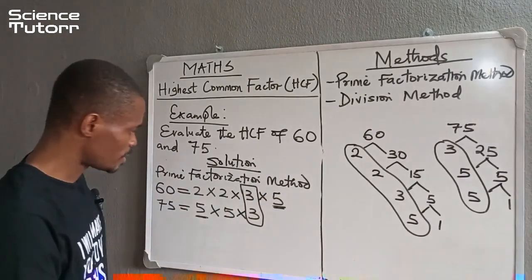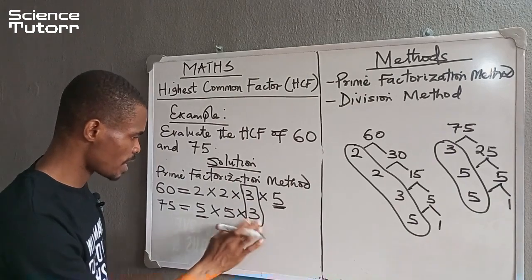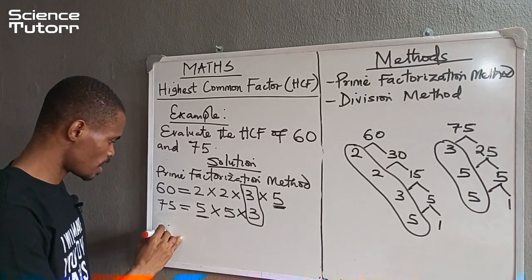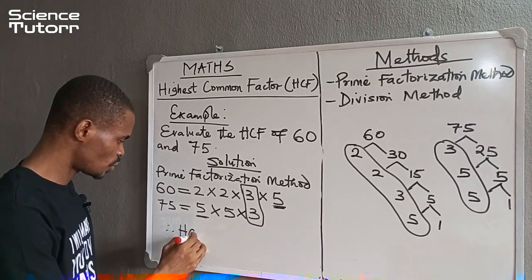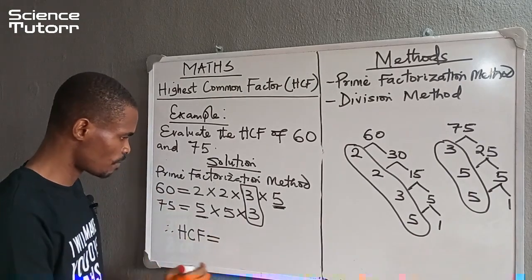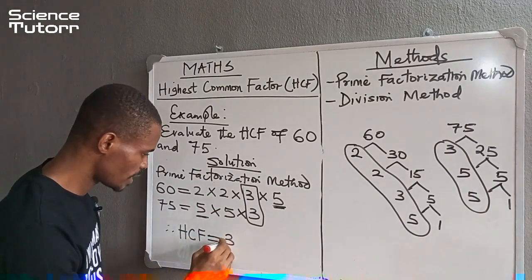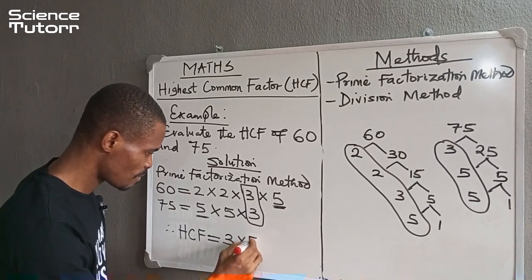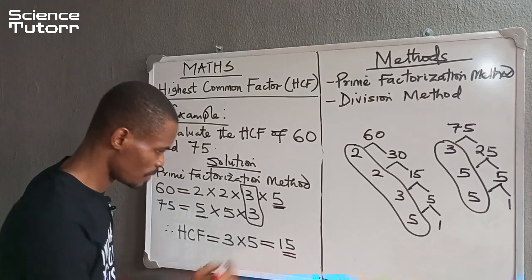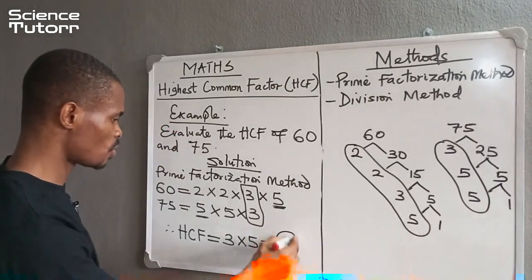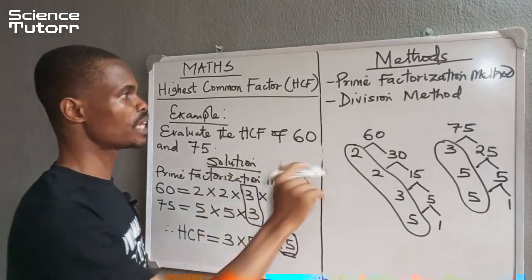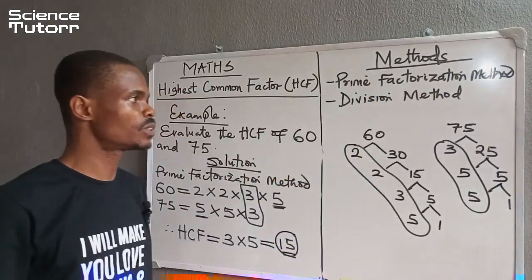So automatically, we can only figure out 3 and 5 on both numbers. At the end of the day, we could say that the HCF, the highest common factor for both 60 and 75, will be 3 times 5. 3 times 5 gives us 15. So the highest common factor for 60 and 75 is 15, based on the prime factorization method.